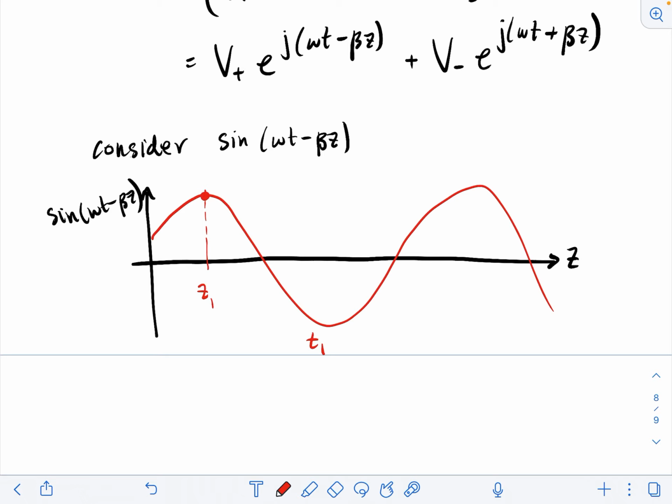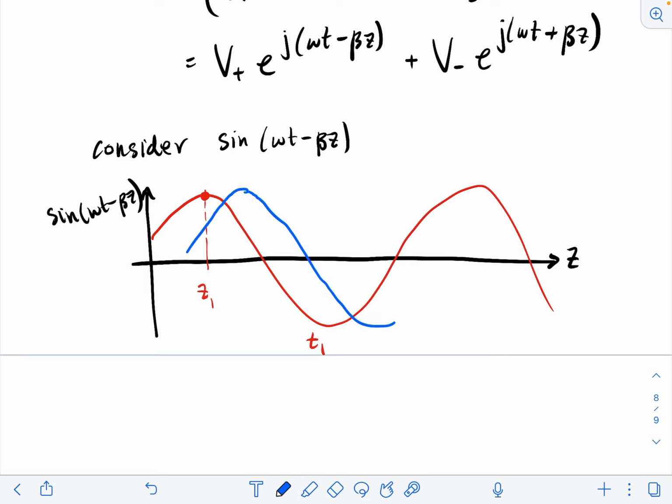Then we wait a small amount of time, and a small time later our function's a little bit different because the omega t value inside the argument has changed, since t is changed from t1 to t2. And so we get a different sine wave, and maybe it looks like this. It's just shifted perhaps to the right.